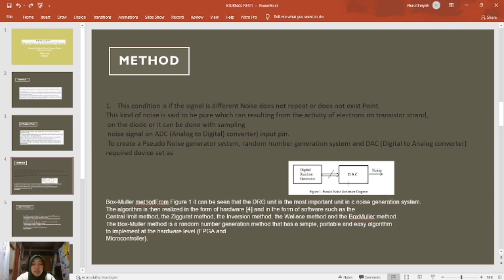And the pictures you can see in the method from figure 1. It can be seen the unit, the most important unit in the noise generation system.